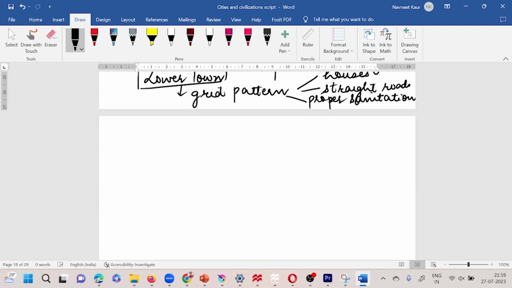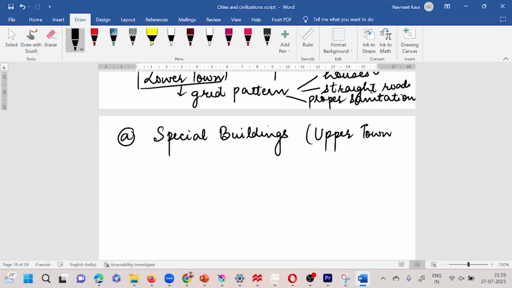Now let's cover both upper town and lower town one by one. In town planning, we are first talking about special buildings. They were located in the upper town, right?